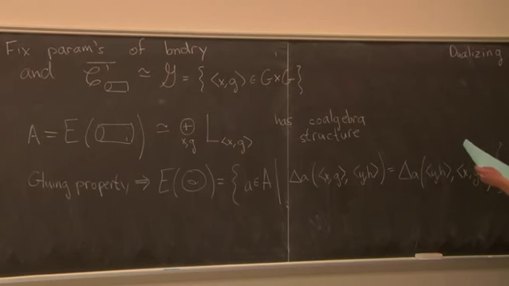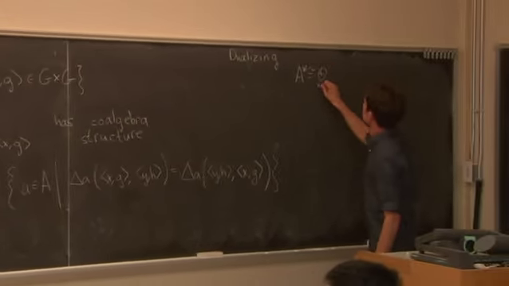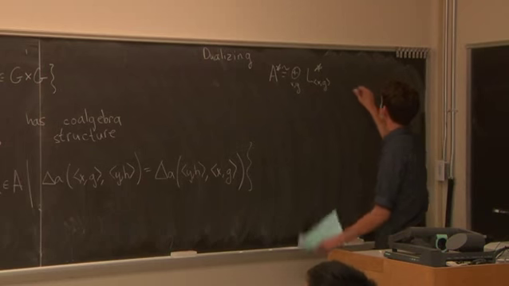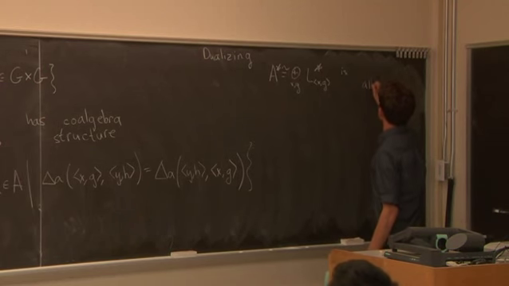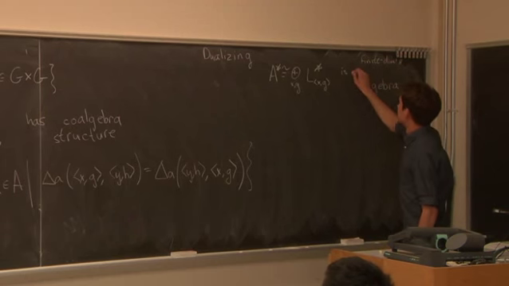Now, dualizing A gives me an algebra. It's finite dimensional, since I got finitely many lines. And in fact, it's also semi-simple.